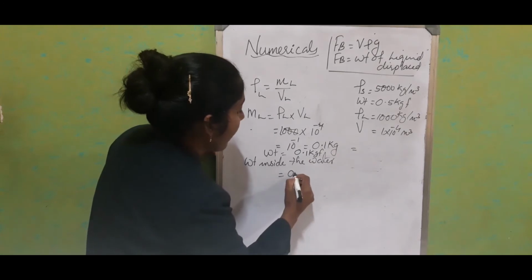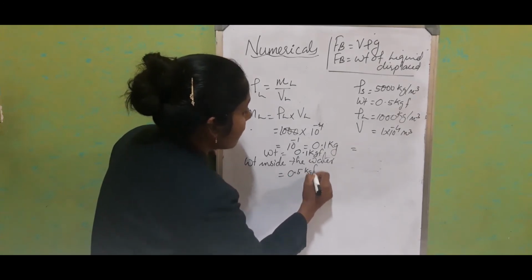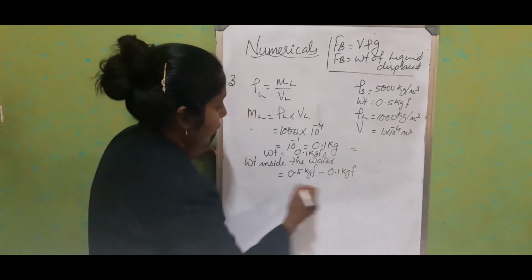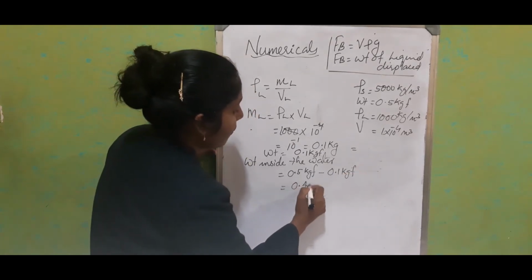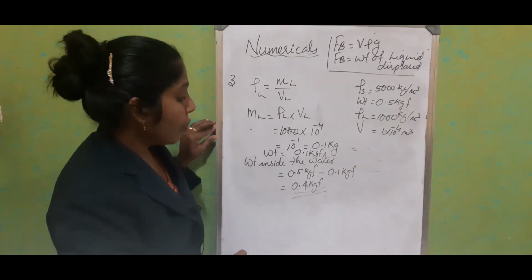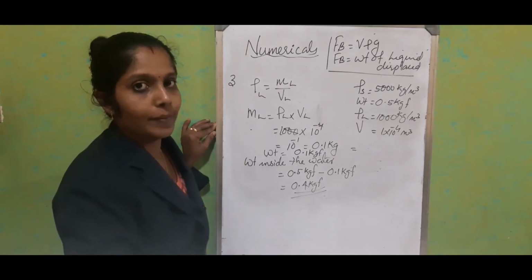Initially it was 0.5 kilogram force minus 0.1 kilogram force, so we get 0.4 kilogram force. The apparent weight inside the water is 0.4 kilogram force.